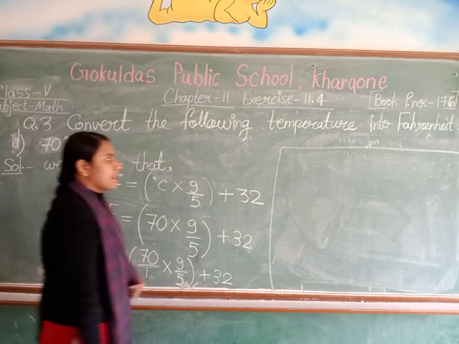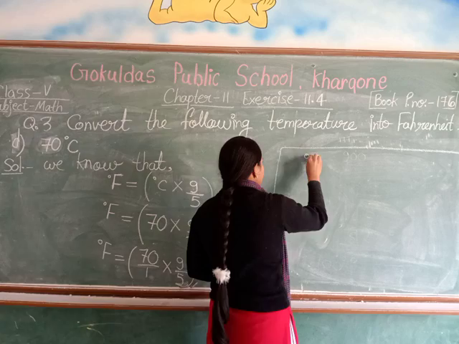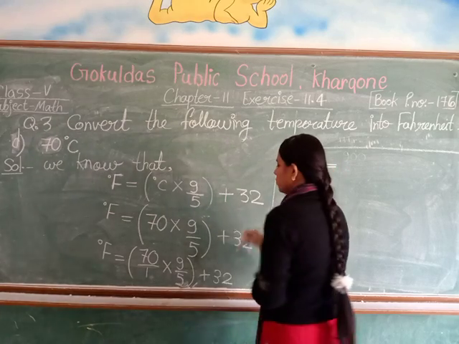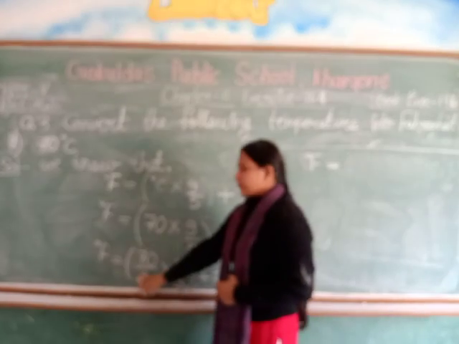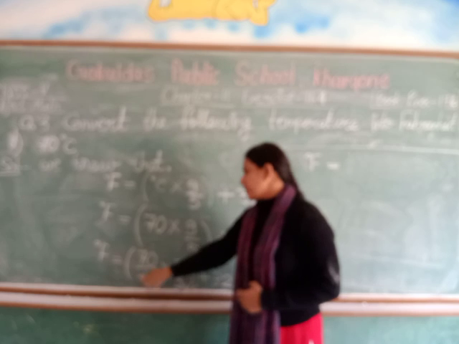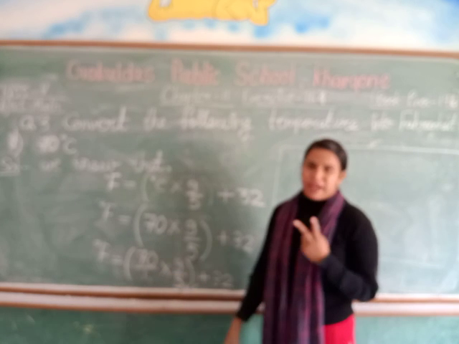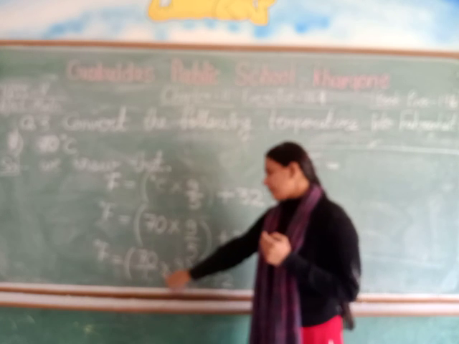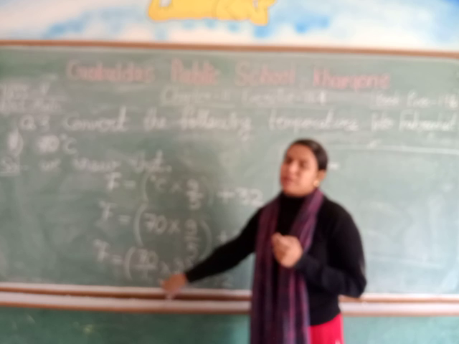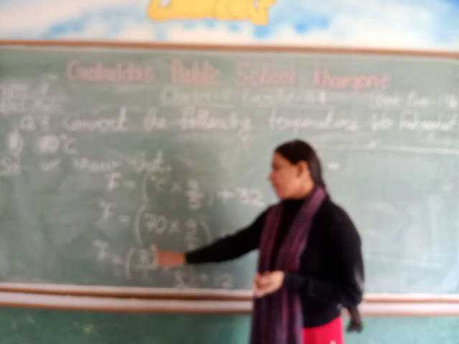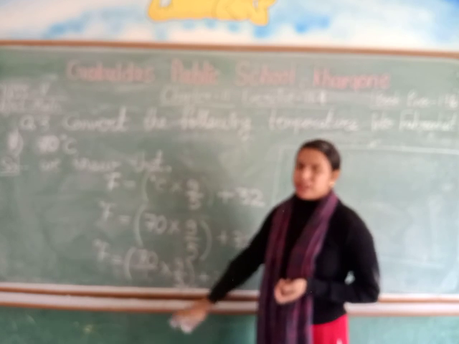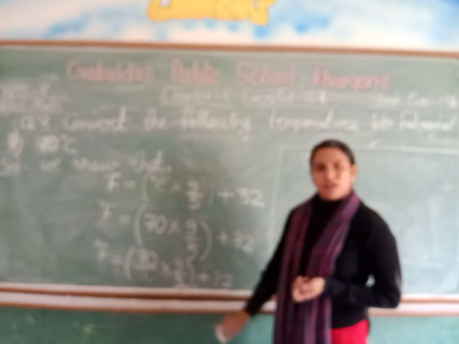So now in the next step we will solve. Degree F is equal to, see, inside the bracket we have two fractions and we want to multiply them. So to multiply fractions, what do we do? We multiply numerator with numerator and denominator with denominator.